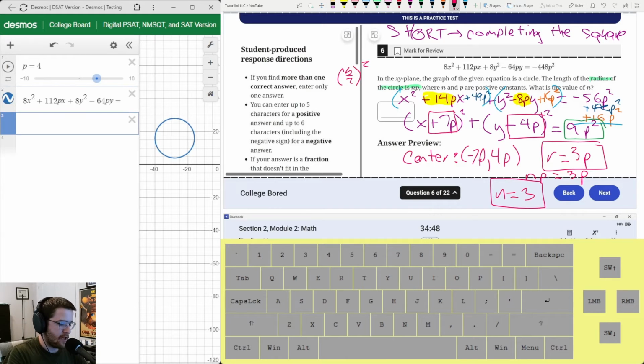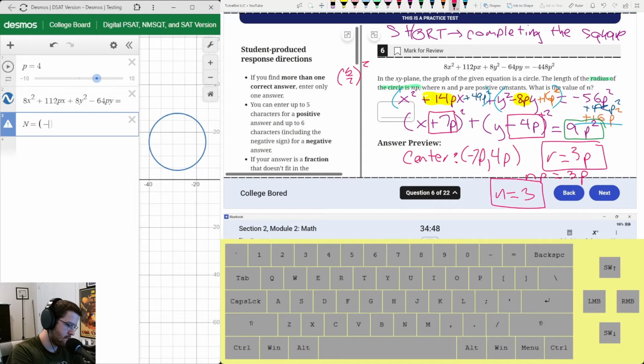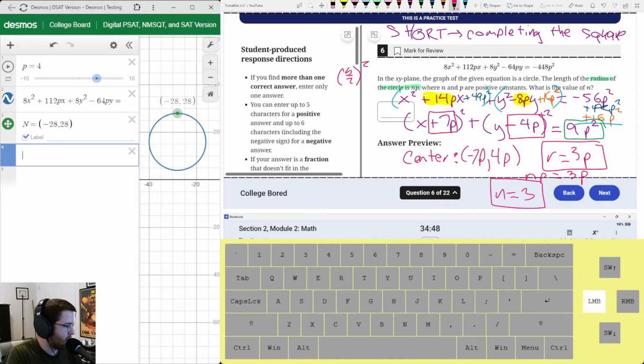Okay. I covered this in a bunch of my Desmos videos, but especially the equation of a circle. I'm going to treat it like a compass, and I'm going to type in north is negative 28, 28. Label that, make sure I did it right. South equals negative 28, 4.